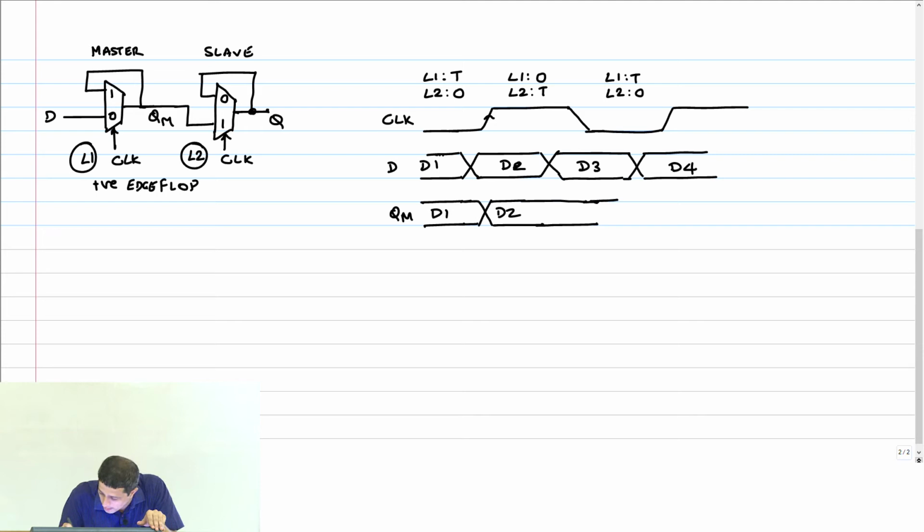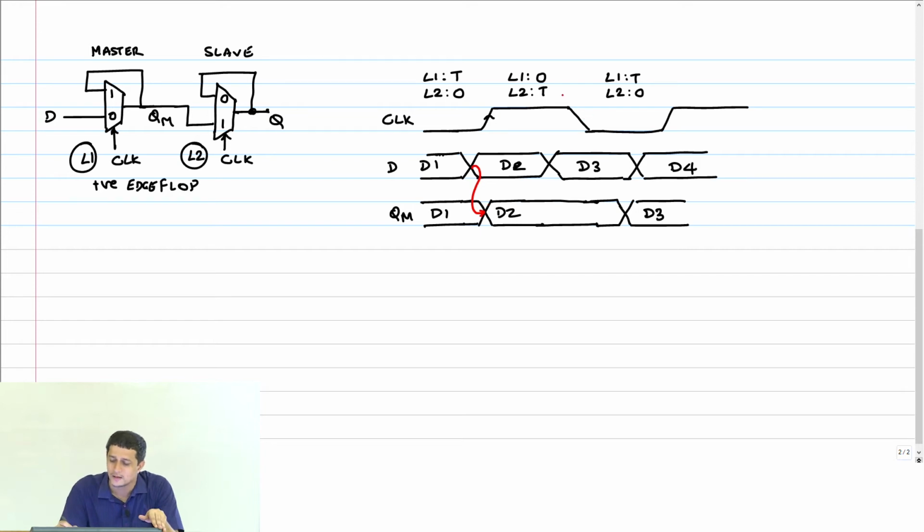So therefore here you will see a change to D3. And where D1 changes here, this is the transition that's triggering the change in QM, because L1 is transparent and the change in D goes out to QM.